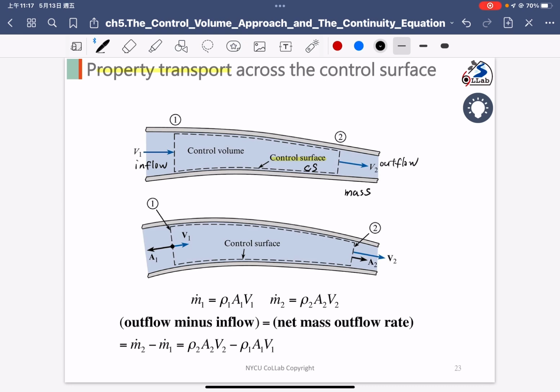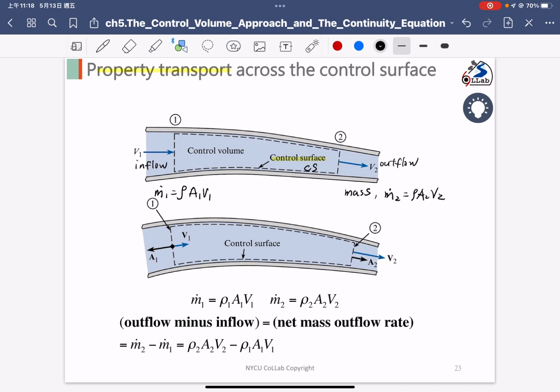For mass 1, the cross-section area A1 multiplied by V1 is Q1, the discharge. And the discharge multiplied by the density will equal the mass flow rate. So mass flow rate 2, with cross-section area 2, also equals rho A2 V2, right?